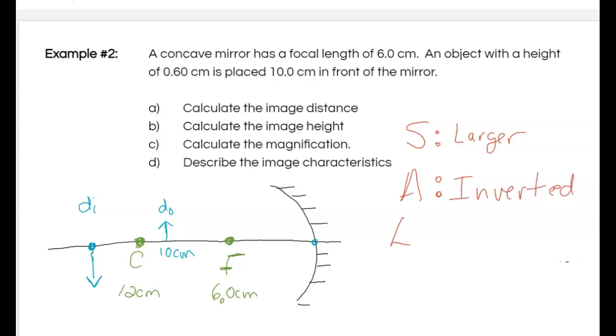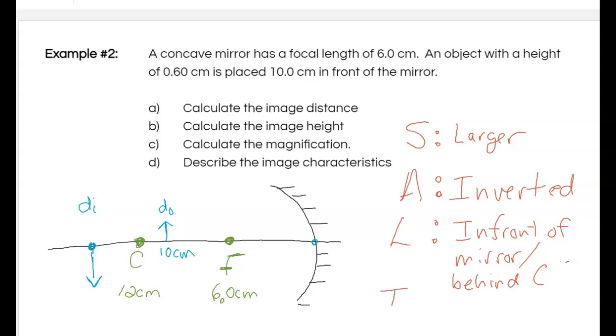Okay. L, location, so it is in front of the mirror, so I'm going to say in front of mirror, but it's also behind or beyond C. And that part is a little bit extra.